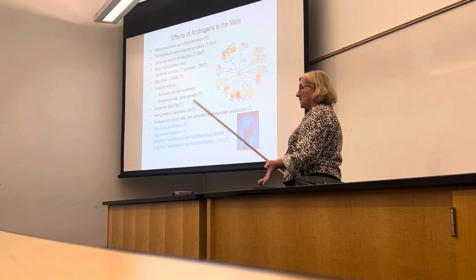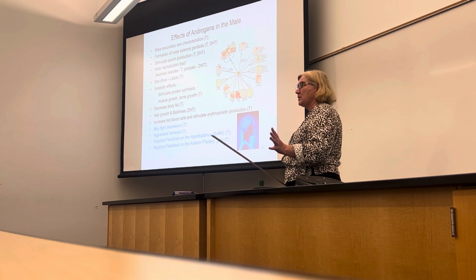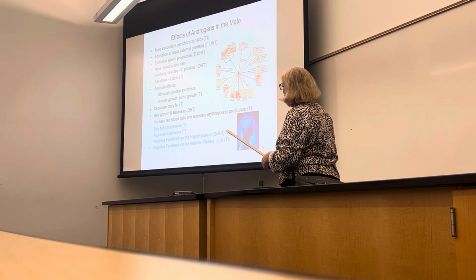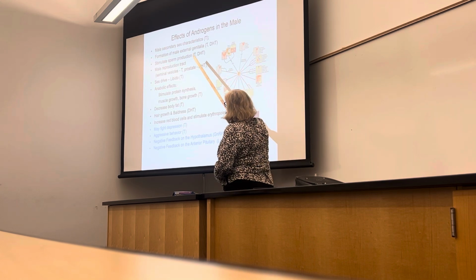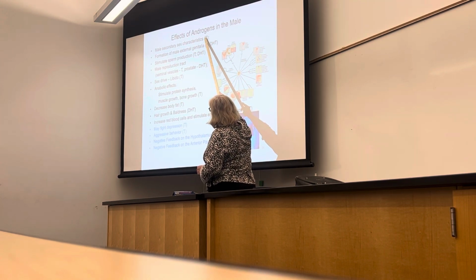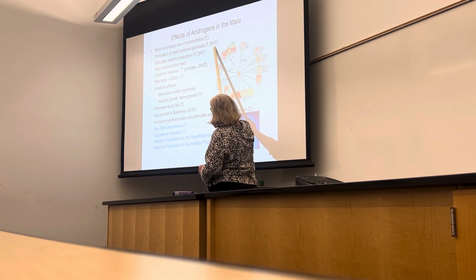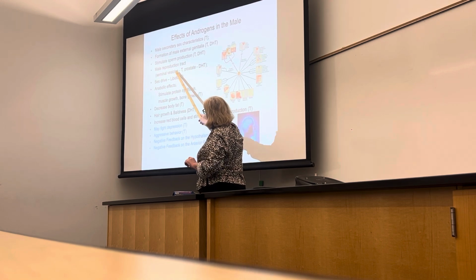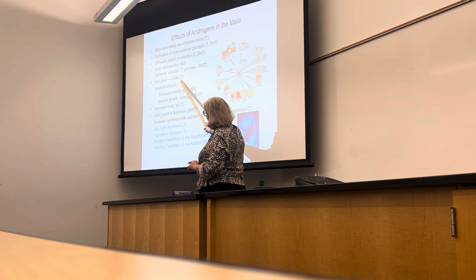DHT and testosterone, although both androgens, have a little bit of a difference in how they affect males. For the secondary sex characteristics, testosterone and DHT are both important for external genitalia. Sperm production, both, kind of similar here, but libido and sex drive, that's testosterone.